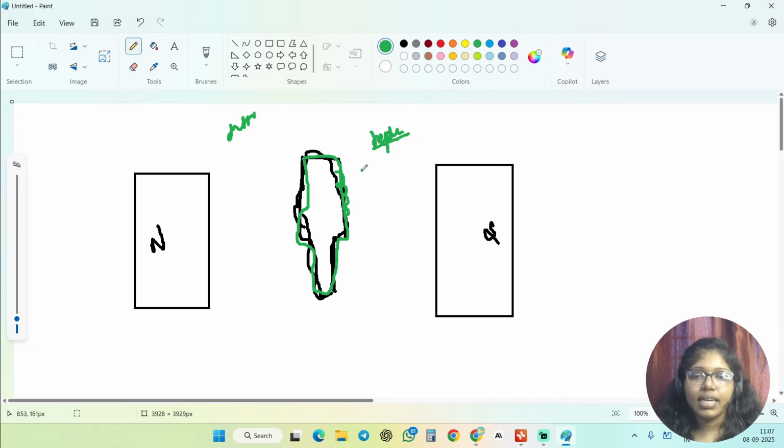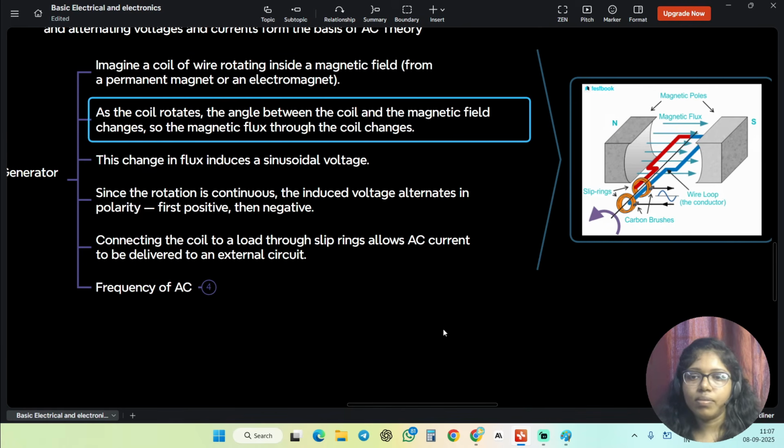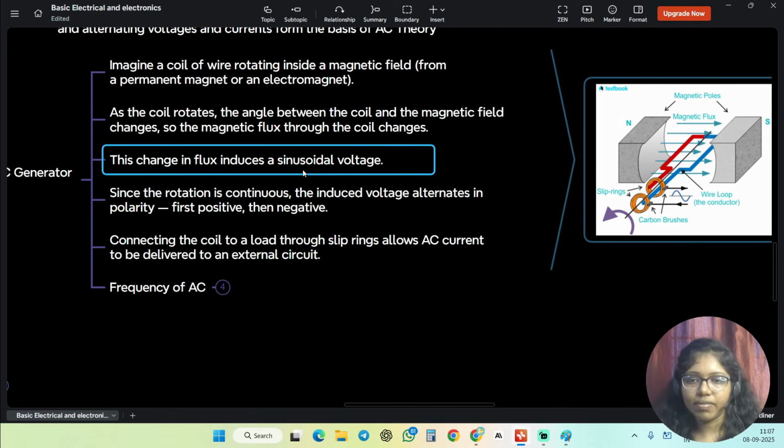First of all, it will start creating the magnetic flux. So whenever both poles interact with each other, you can see that, it creates a change in magnetic flux.